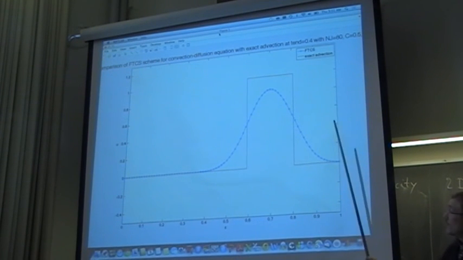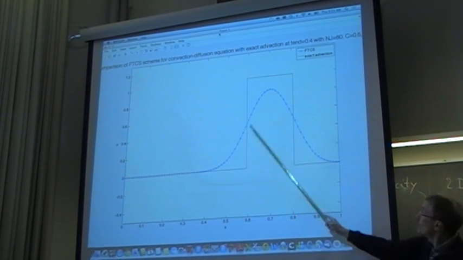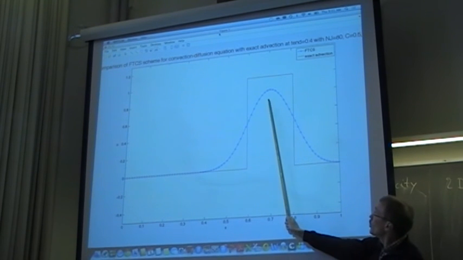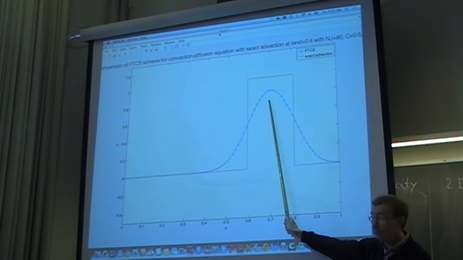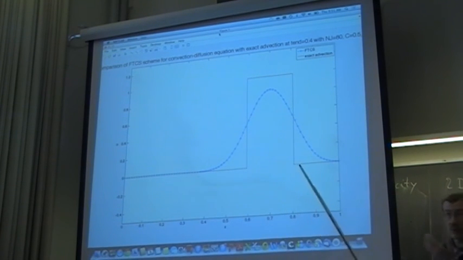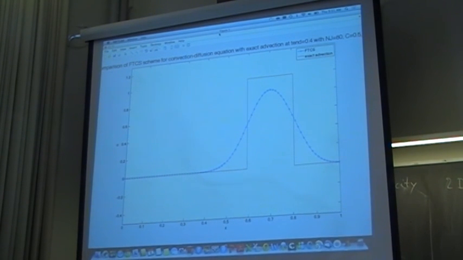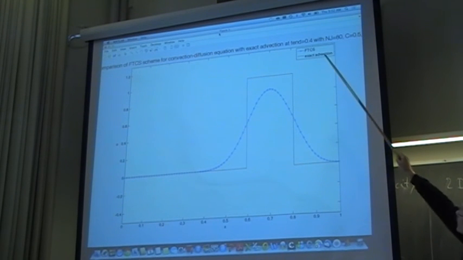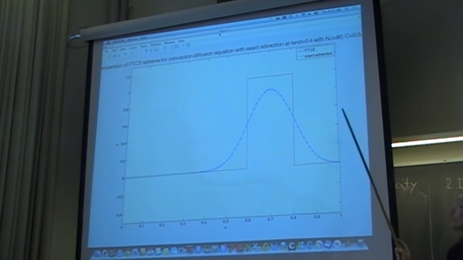But you see that this smoothed profile is transported with the same velocity as in the linear advection equation. Here in this example the velocity is 1, and we had just done a transport for a short time of 4. So that is the effect.